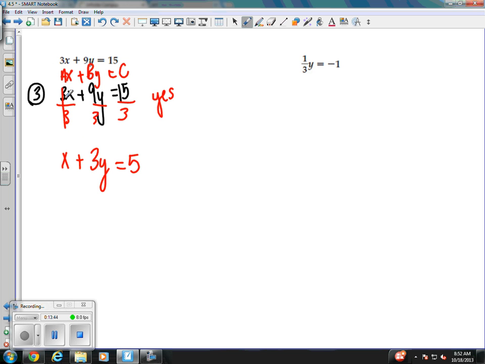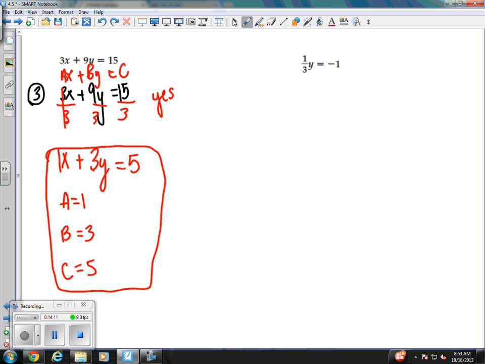Remember, if I just have 3 divided by 3, that means it's actually a 1x. So my GCF is now 1, because of the 1 there. And we can just come across here and set our A, B, and C now. So A is 1, B is 3, and C is 5. We box in this whole answer.